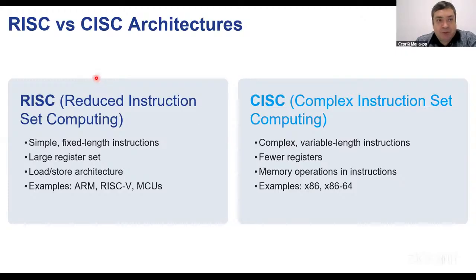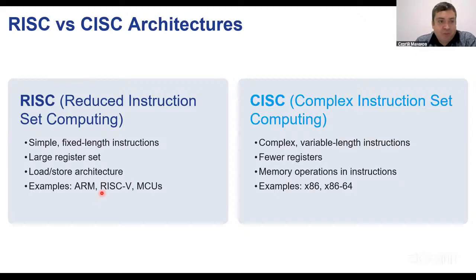There are also such types of architecture called RISC and CISC. RISC is reduced instruction set computing, and CISC is complex instruction set computing.